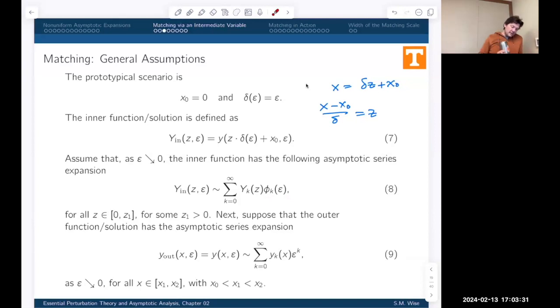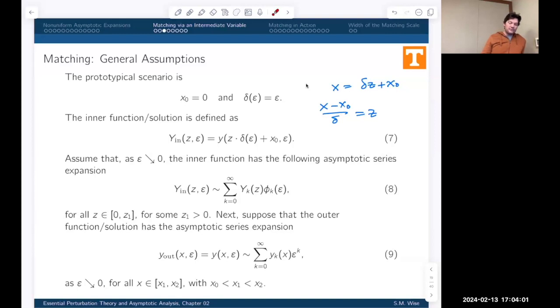We're going to assume that the outer function solution has the asymptotic series expansion that looks like this. This one we're going to assume is an asymptotic expansion in the standard powers of epsilon. We could use an entirely different gauge function sequence here, but it works out that it doesn't matter.